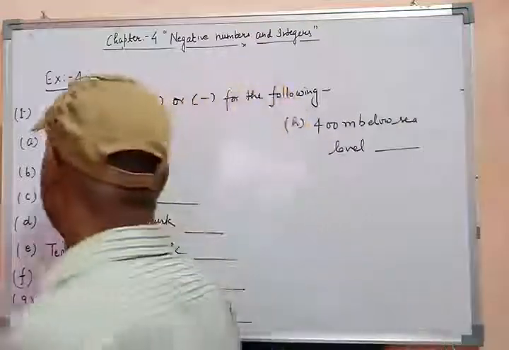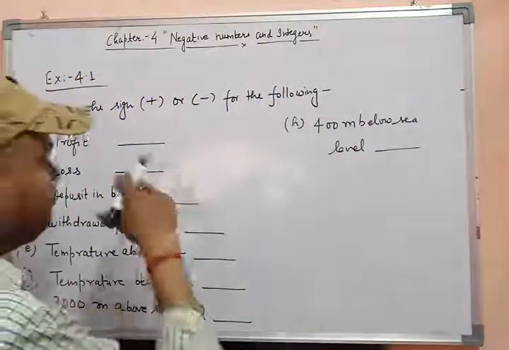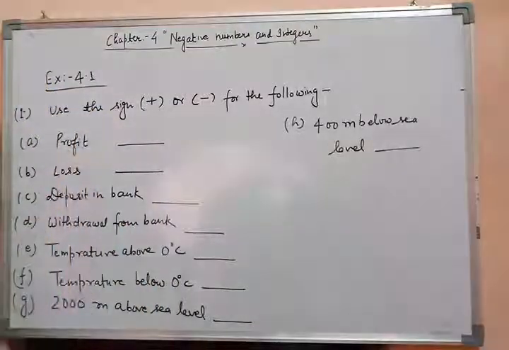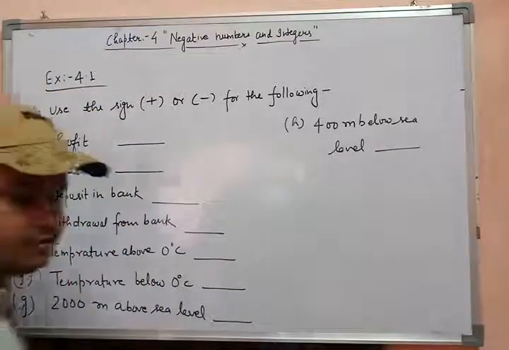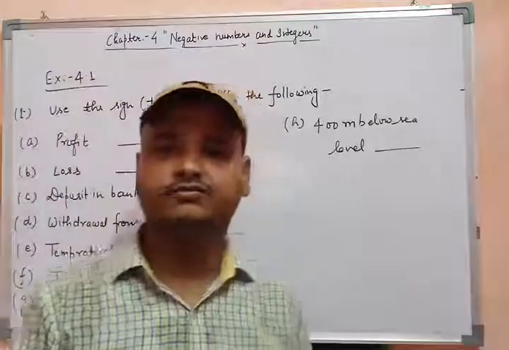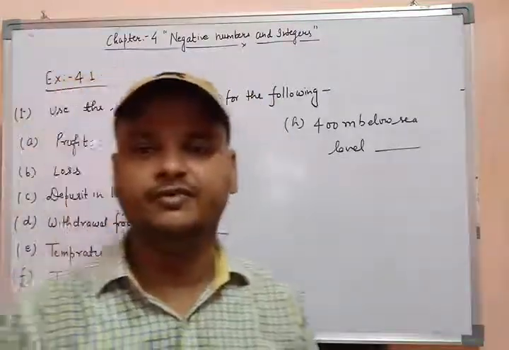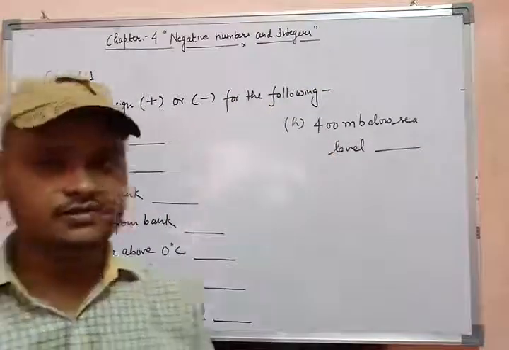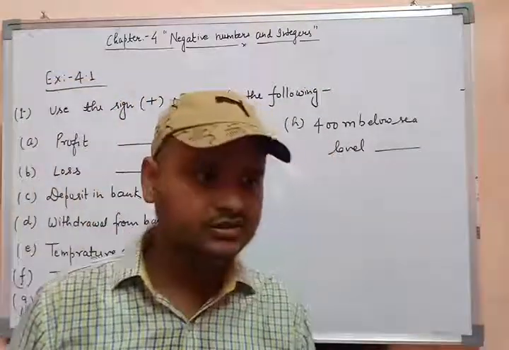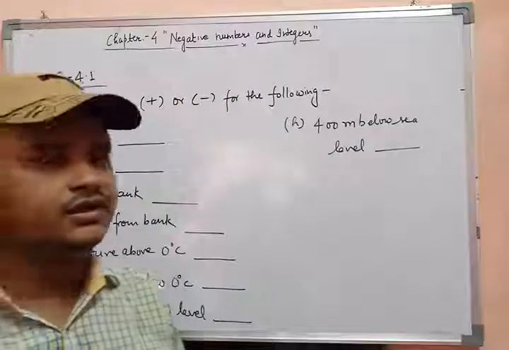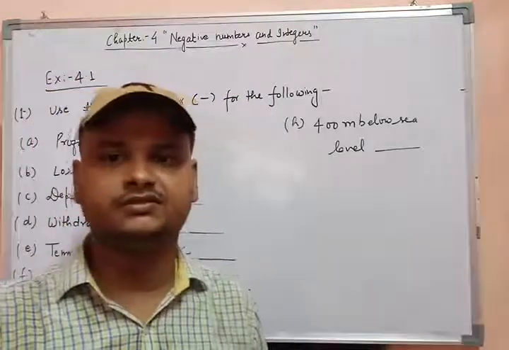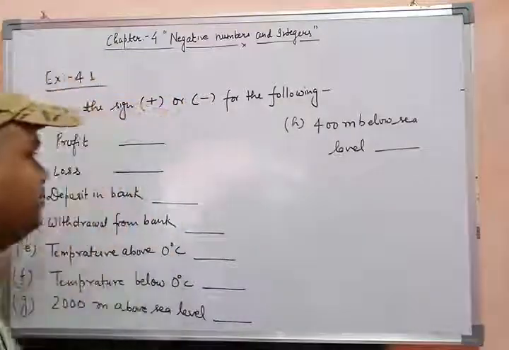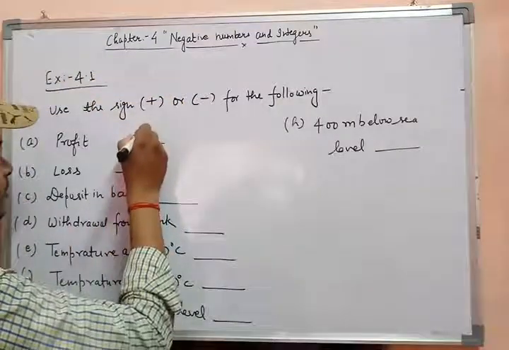Let's check the situation when the plus or minus sign will be used. First word is profit. Profit means gain. Profit means increment. This means increasing means plus means positive. Okay, so you have to put the sign plus here.